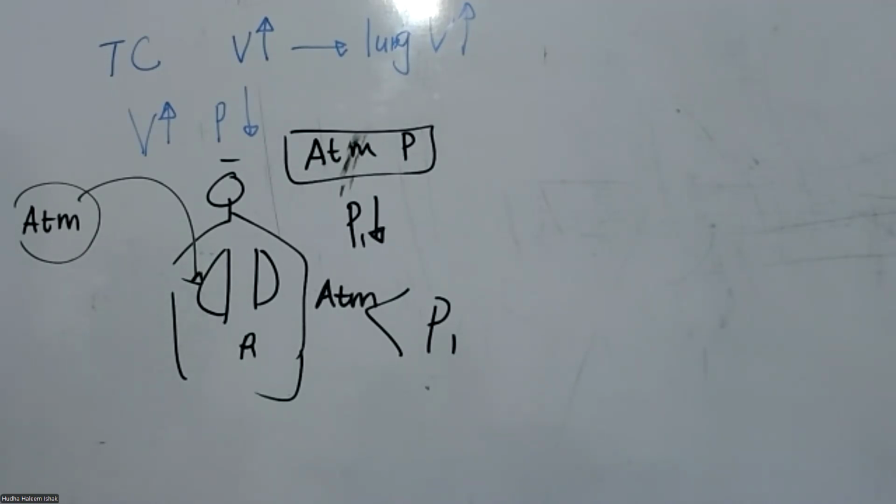Very good. It will also decrease. So the pressure inside the lungs will increase or decrease? Very good. It will also increase. So the pressure inside the lungs will increase more than the atmospheric pressure. As a result, what is happening now? Now the air will move into the lungs or out of the lungs?